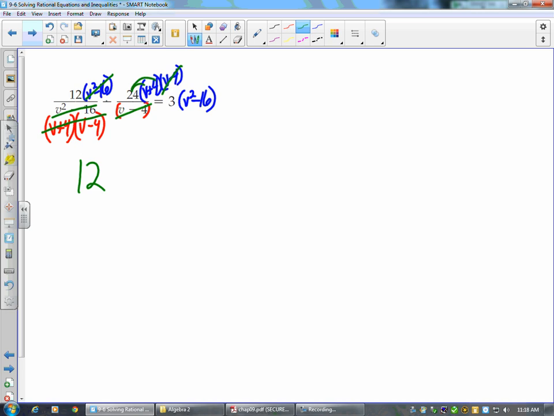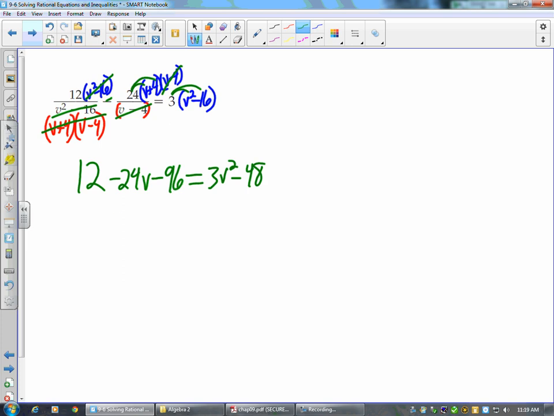Don't forget about this minus. This 24 is technically a minus, so I'm going to get a minus 24v and a minus 96. Okay, equals. And then distribute the 3 to both of those. We're left with 3v squared minus 3 times 16 is 48. So then let's just put it into standard form.